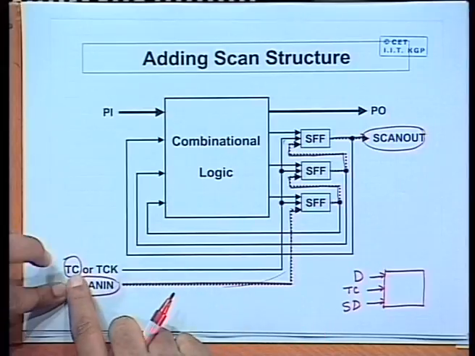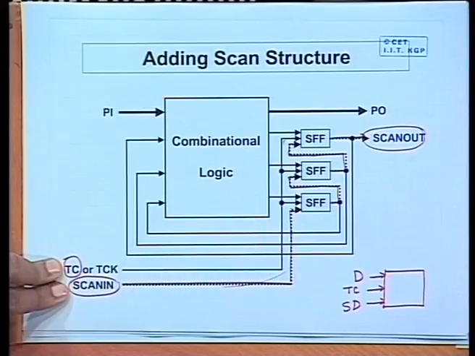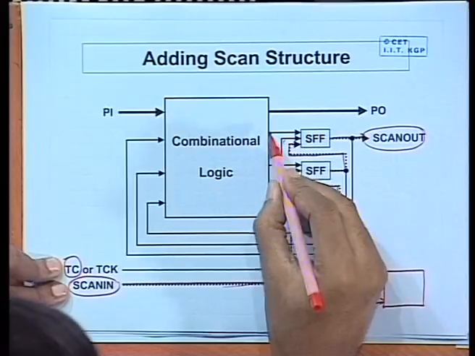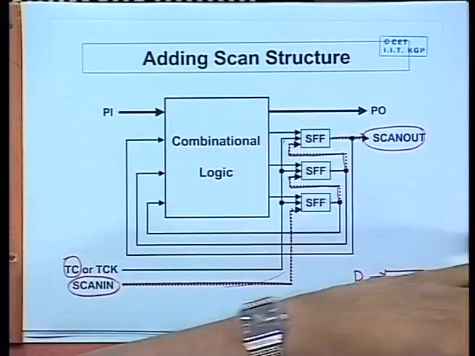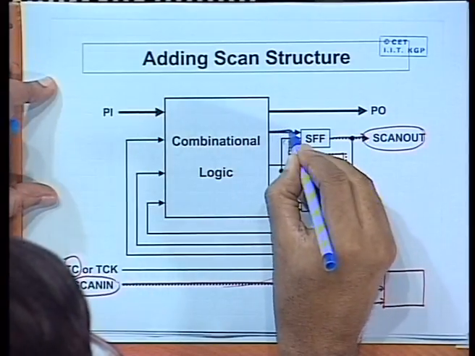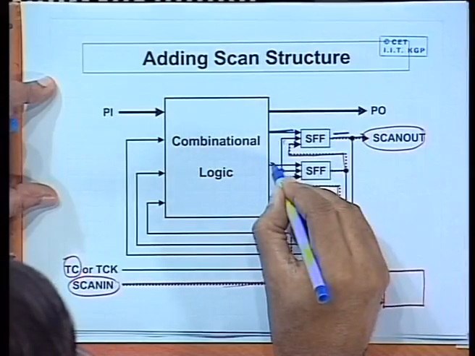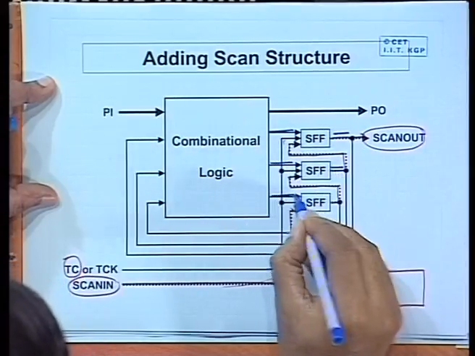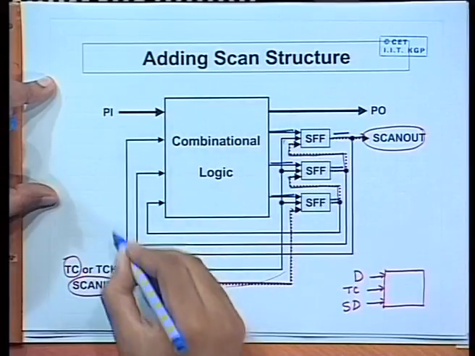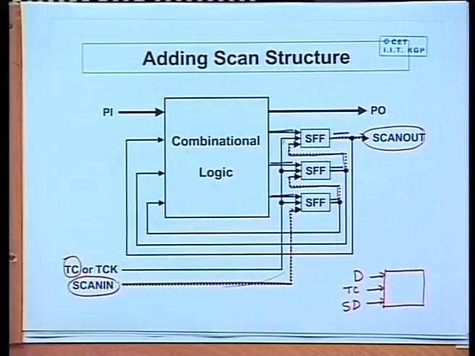If TC is 0, which means the circuit is operating in the normal mode, then the D input, the normal input, will go out, and the same value will be fed back. This is the normal mode of operation.